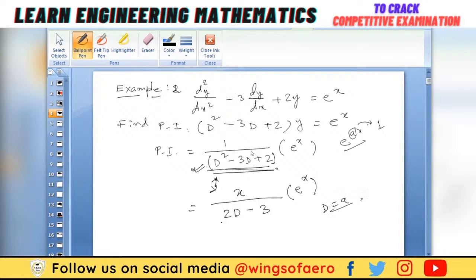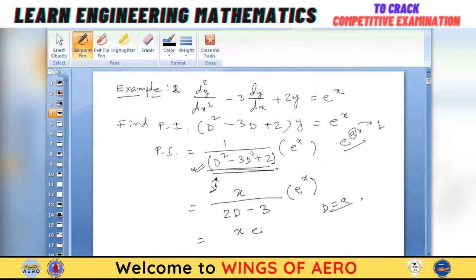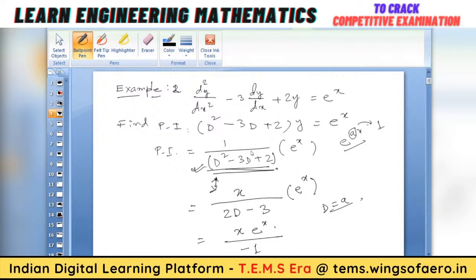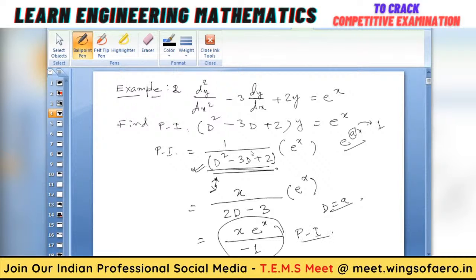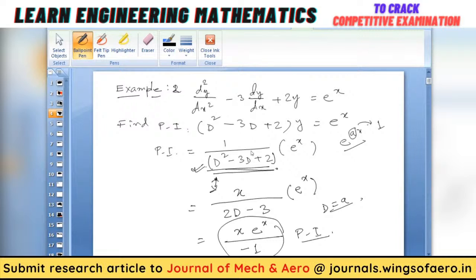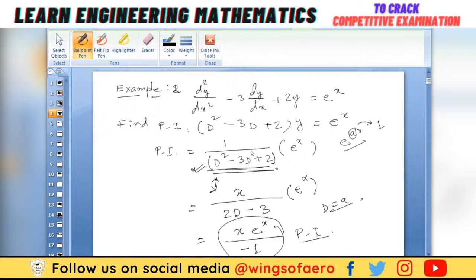Now if I put d is equal to a here, we are finding x into e to the power x by 2 minus 3, so minus 1. So this is the PI. Anybody has any question? Anybody has any doubt to find PI?